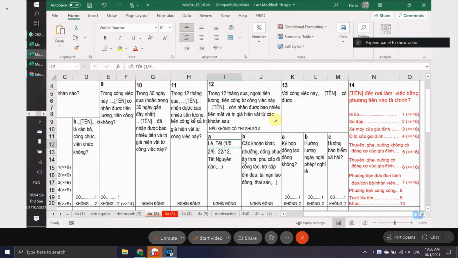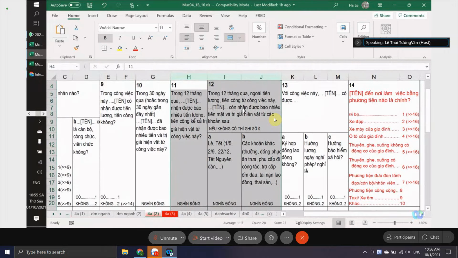So it is also another kind of income. If we want to do the analysis on yearly income of the main job, then you have to combine them together. So the information on yearly income comes from question 11 and question 12.